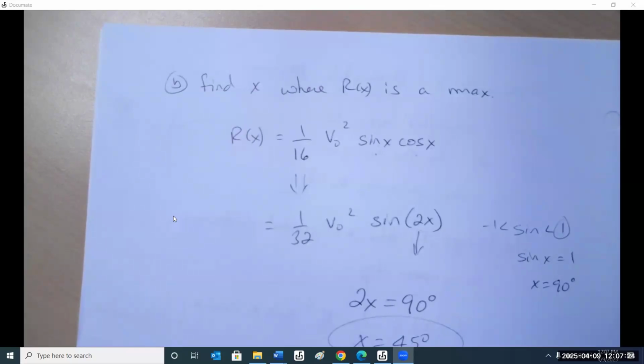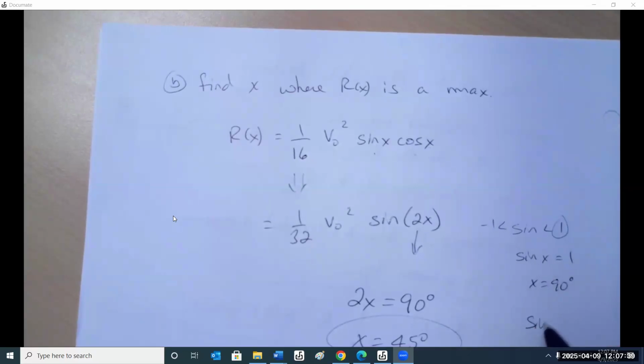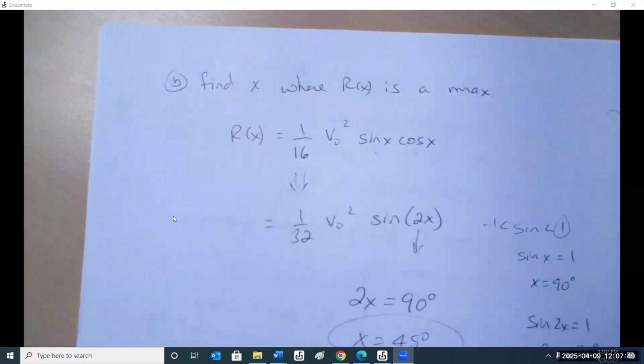For maximum, we can't have negatives, so the highest value we can get is 1. How do we get to 1? For the double angle, the only way that happens is if 2x equals 90 degrees, which makes x equal 45 degrees. That's the angle we're looking for.